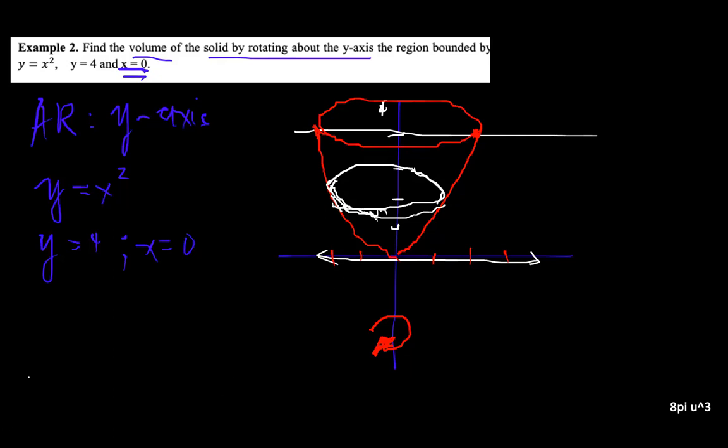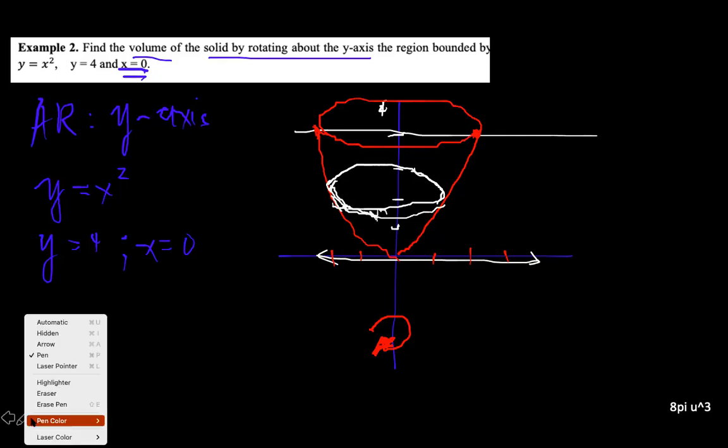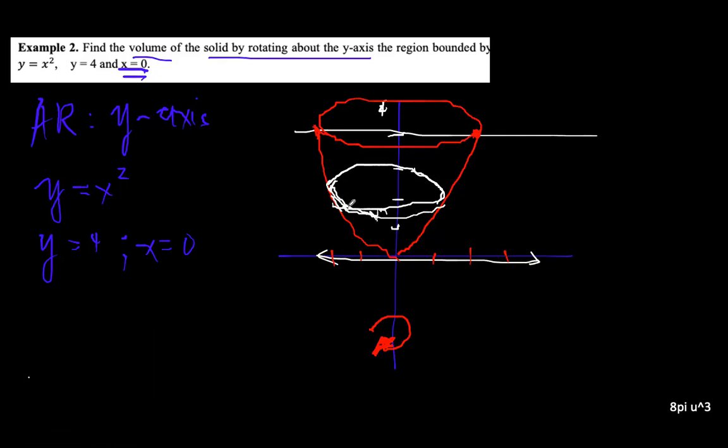Ay, dapat different. Pagod na ako magsulat. Yellow. Okay. So, ito yung width natin. Alright? So, ito yung center. Just imagine ito yung center. Tapos ito yung x natin o yung radius natin.